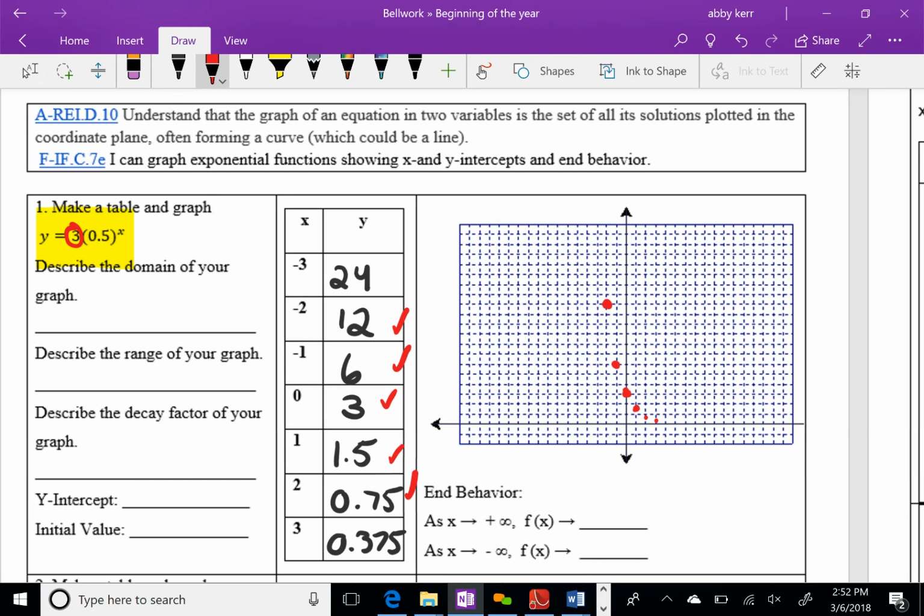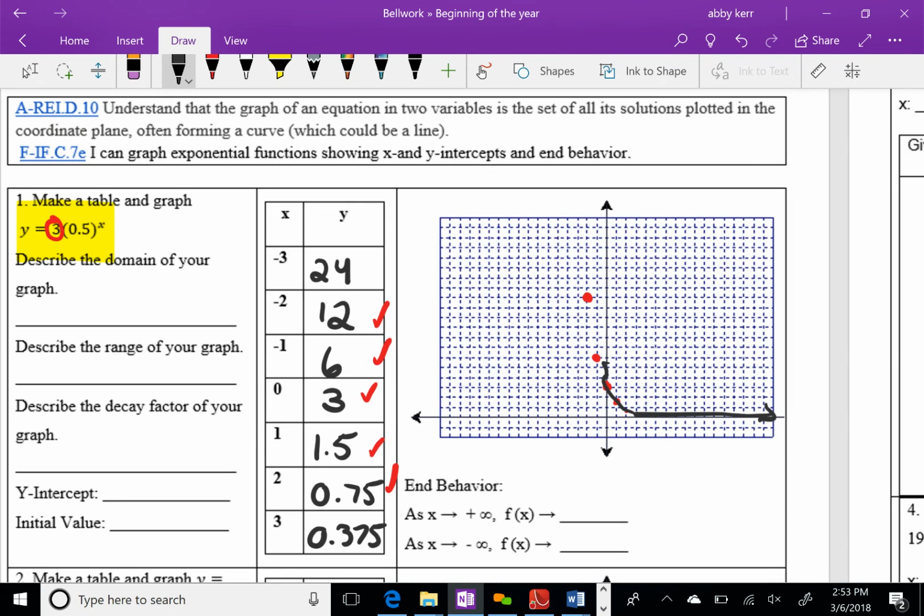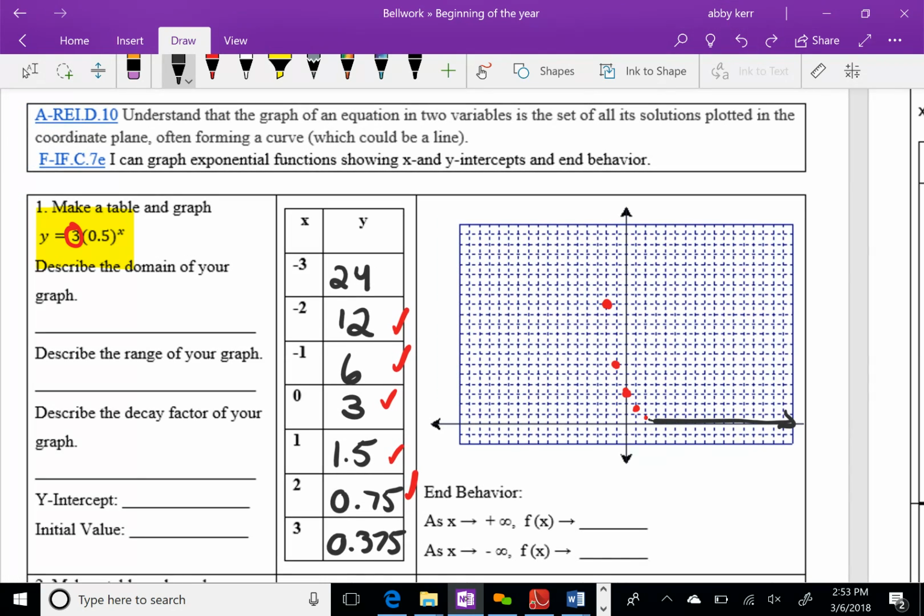Now what we as teachers are looking for is that you know that the graph has an asymptote, which means it's not crossing the x-axis. It's always trying to reach it. And then that it curves. So it kind of looks like the heel of your foot.